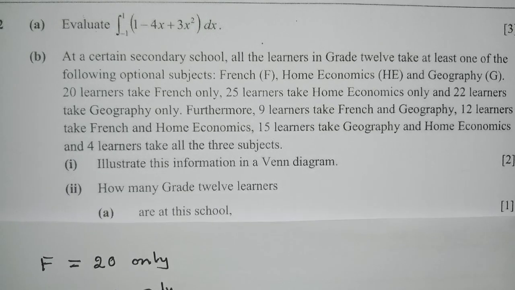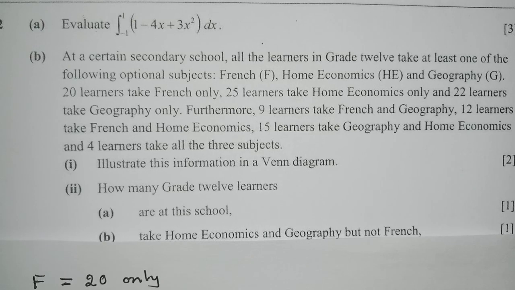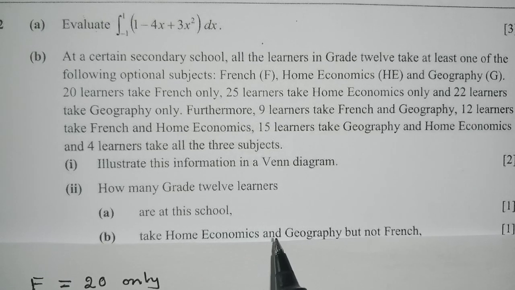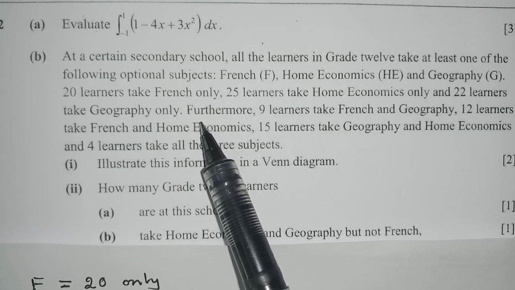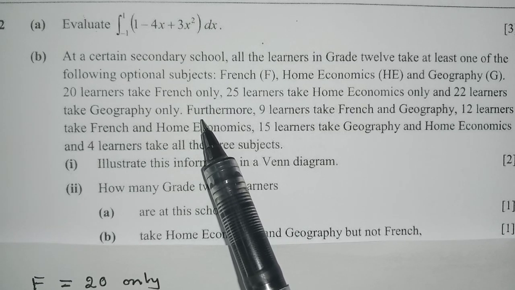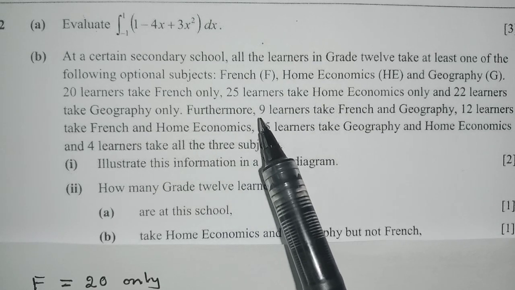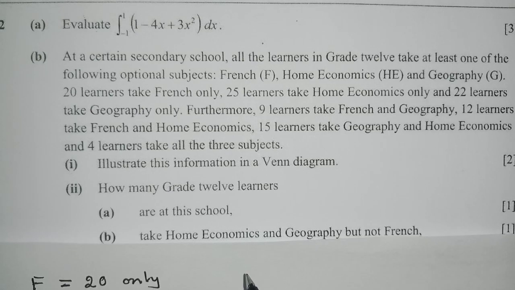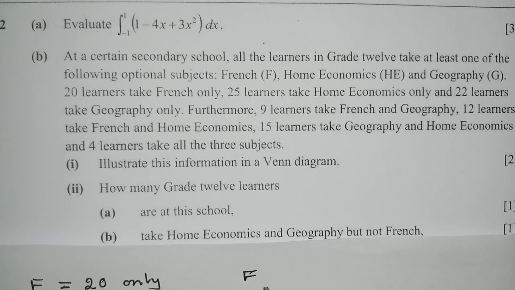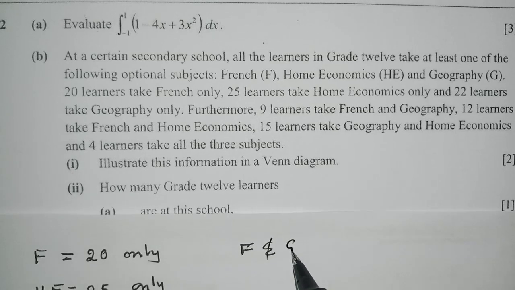Okay? The next thing here is now to those who are taking two options. So the statement further reads, furthermore, 9 learners take French and geography. So two things, French and geography.